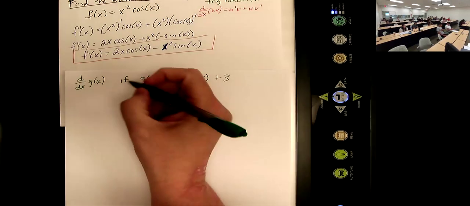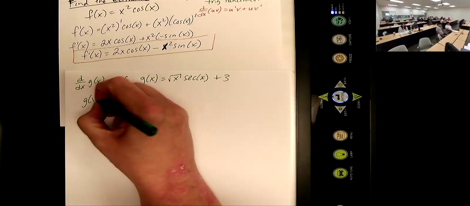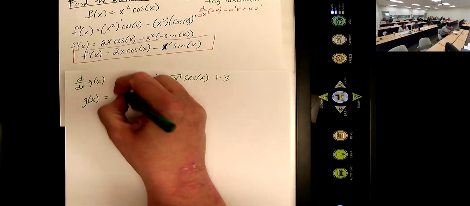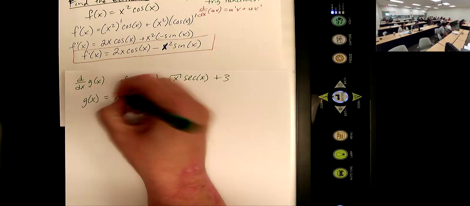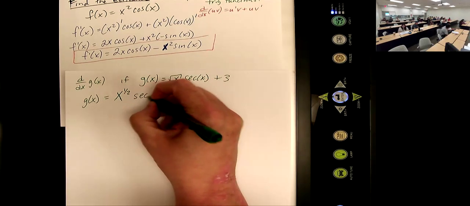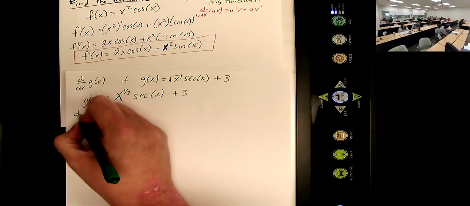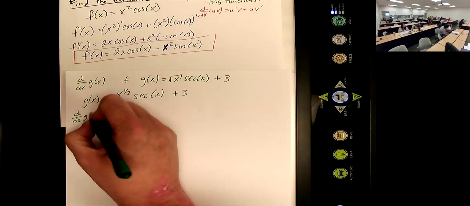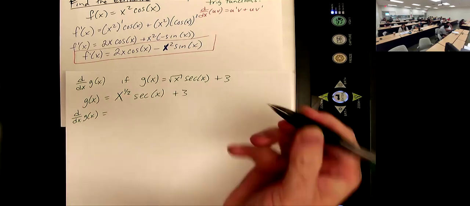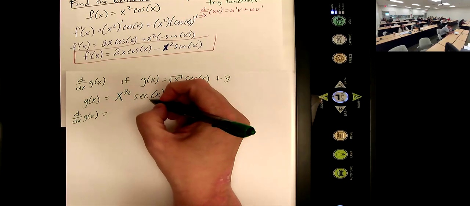Alright, so probably the best way of going about this is first off, writing that as x to the 1/2. And so when I do d/dx of this, I have a product rule.